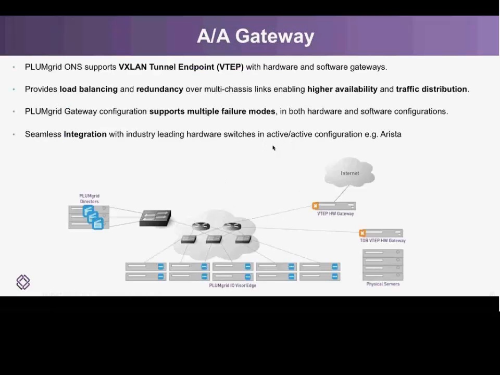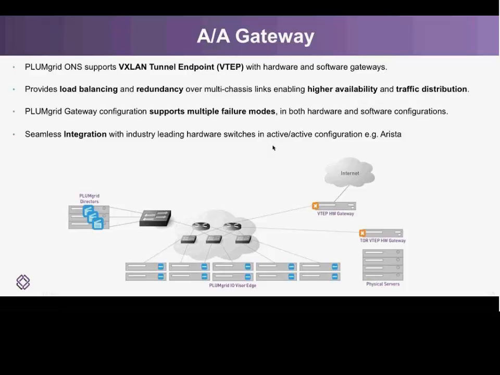So moving forward, one of our favorite topics is the hardware gateway. As you are all familiar, PLUMgrid supports both software and hardware gateways, and our philosophy has always been that we want to provide flexibility to choose whatever flavor of gateway works better in your environment.